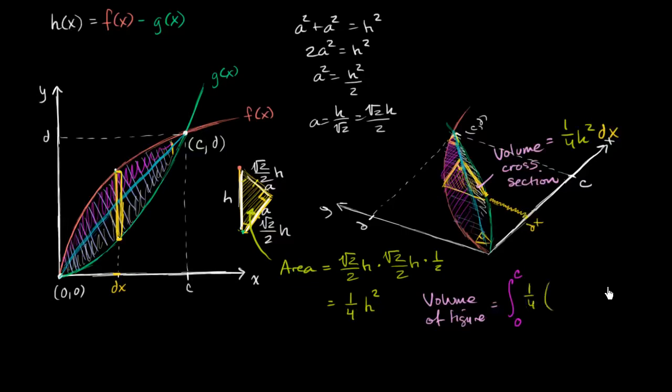But we know that h is equal to f of x minus g of x. So instead of h, I'm going to write f of x minus g of x squared dx. And we're done. We just found an expression, a definite integral expression, I guess you could say, for the volume of this strange figure that we have defined.